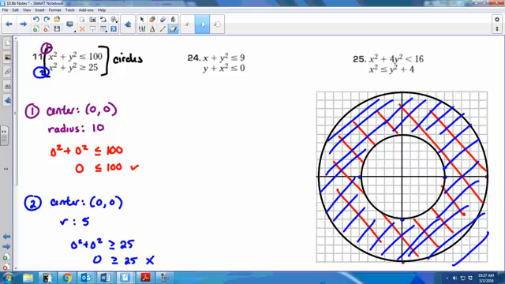So darken that part more, make that a crazy pattern, something. But that is the solution set, everything inside the donut. Any point inside here will make both of these inequalities true.